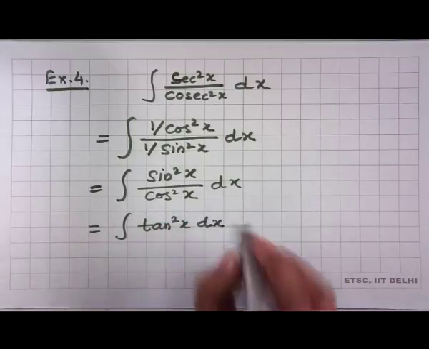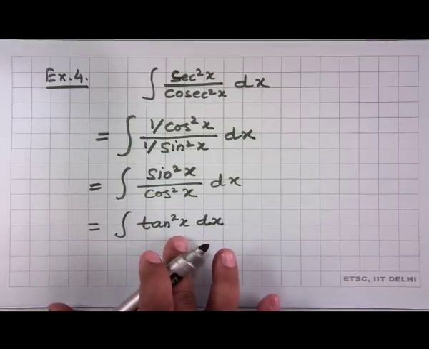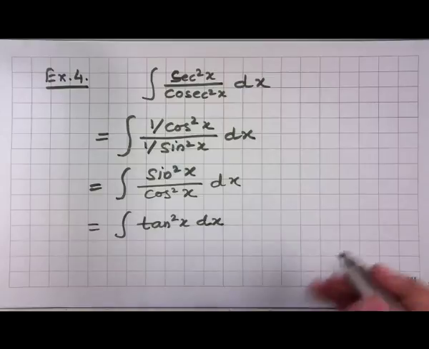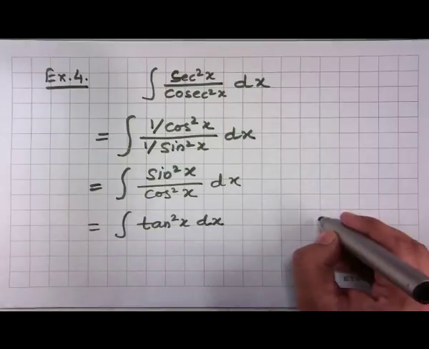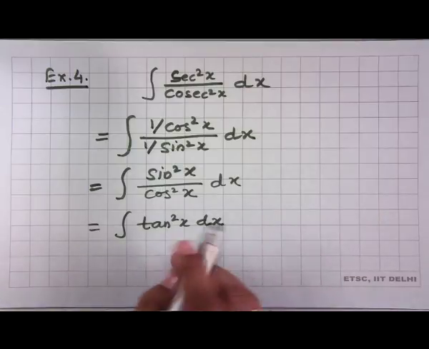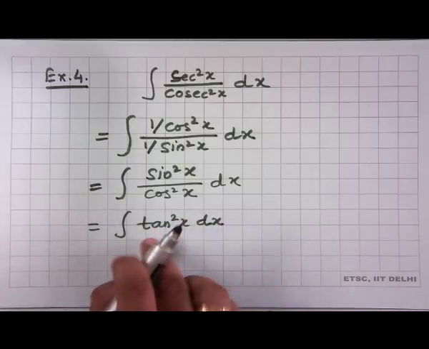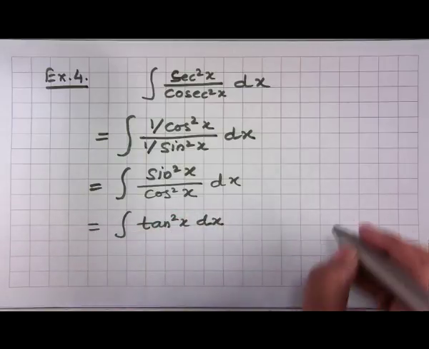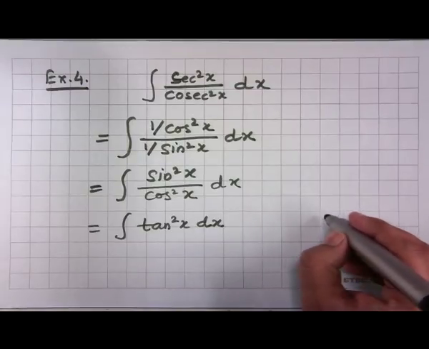Now, again we do not know the integral for tan square x, but we know a relationship of tan square x with sec square x, and we know the integral of sec square x. So, we have to think about what we know and how we can convert the problem into a formula or a problem which we already know.